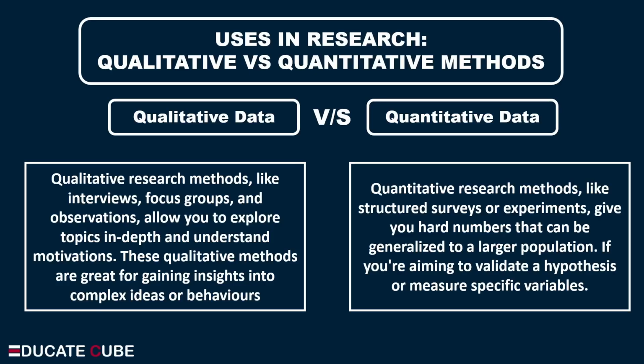These qualitative methods are great for gaining insights into complex ideas or behaviors. On the other hand, quantitative research methods like structured surveys or experiments give you hard numbers that can be generalized to a large population. If you are aiming to validate a hypothesis or measure specific variables, quantitative methods are ideal.